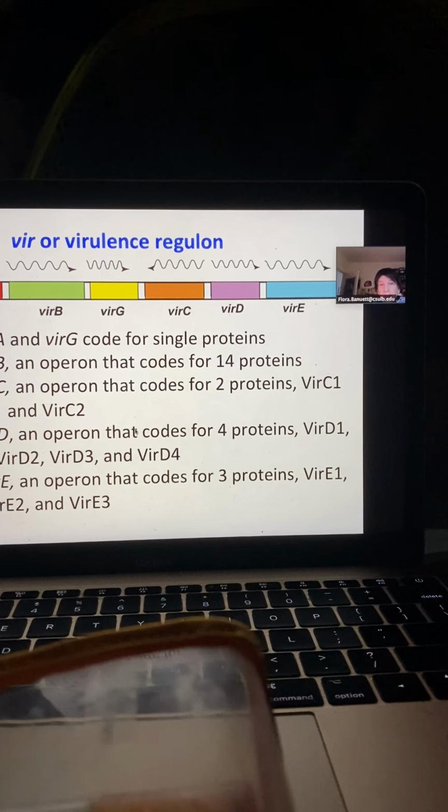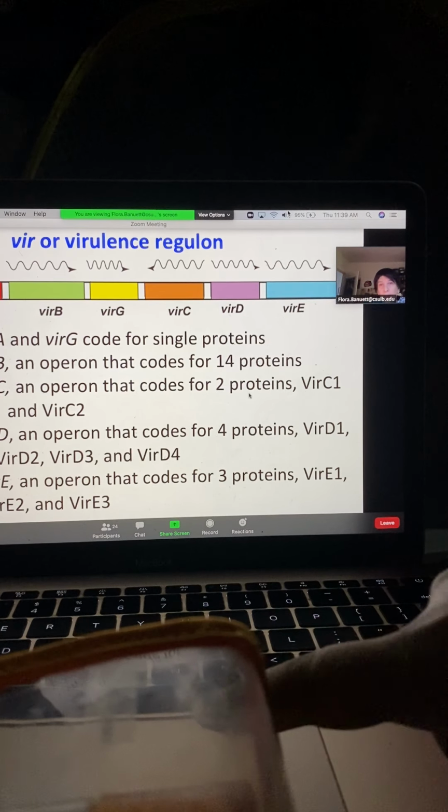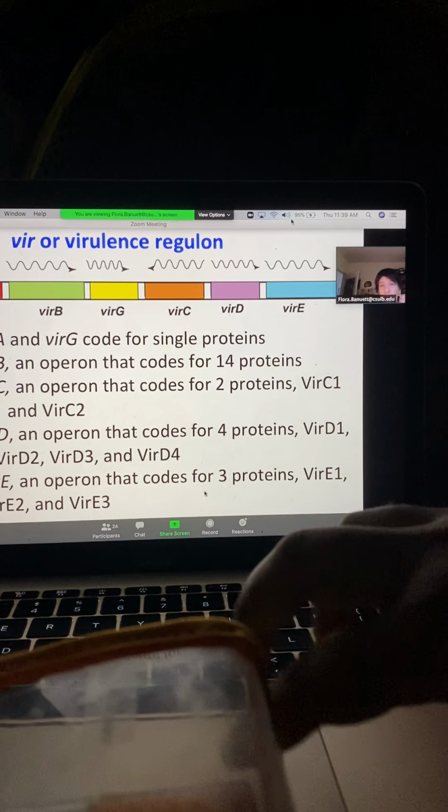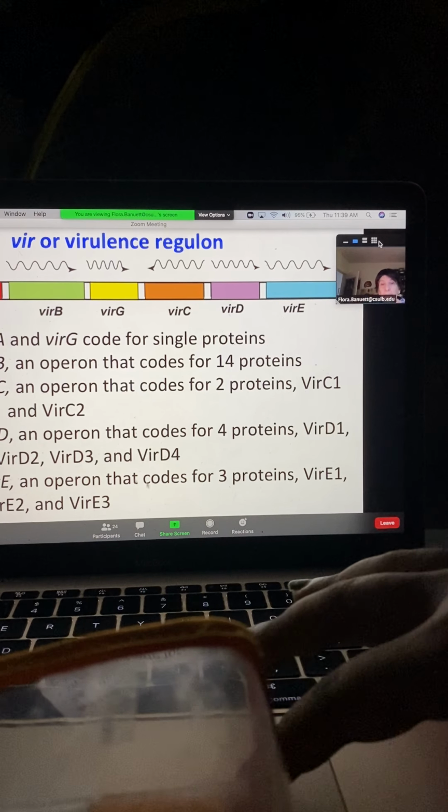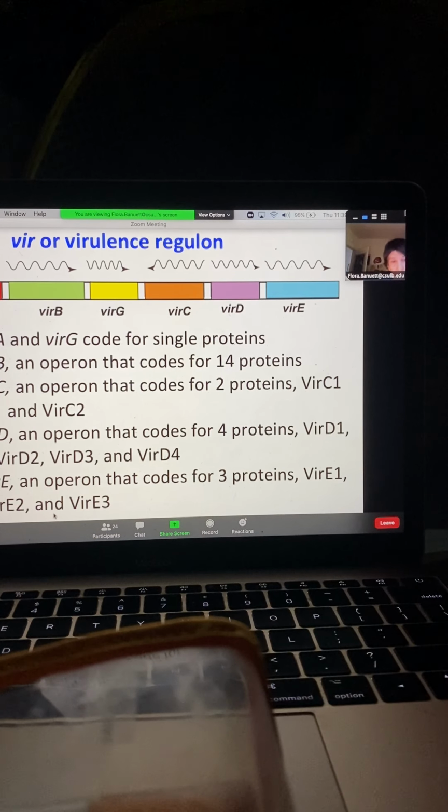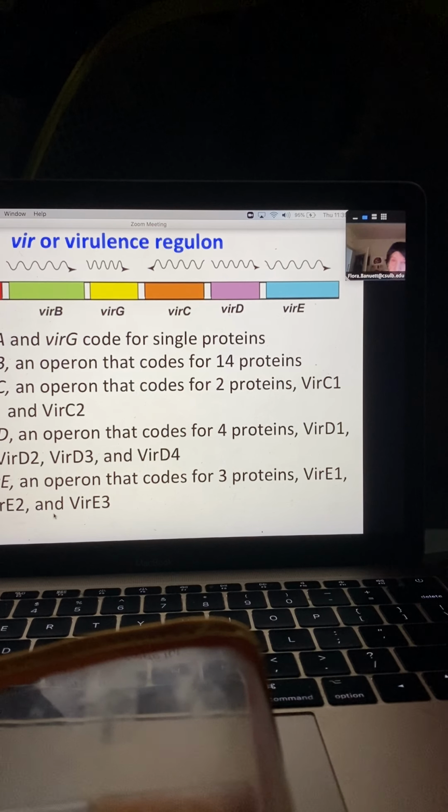And virE is an operon that contains three proteins, virE1, 2, and 3. And these are very important proteins and are going to play a major role in the plant cell.